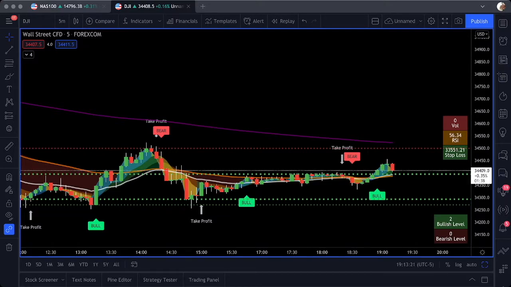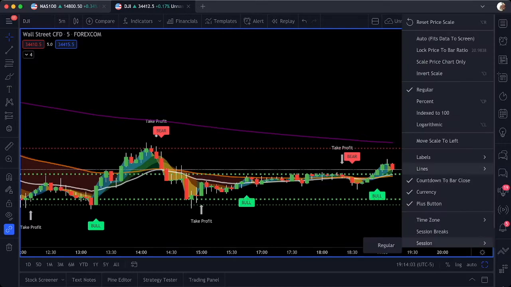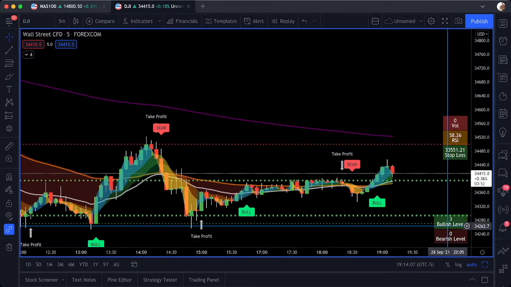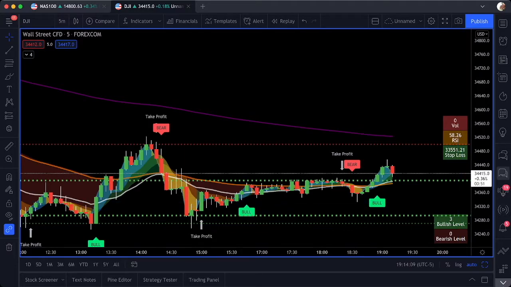Current chart is a wee bit tricky, don't you think? It is, yes. Let's see, there, looks a little bit better now, but yeah, I don't know.